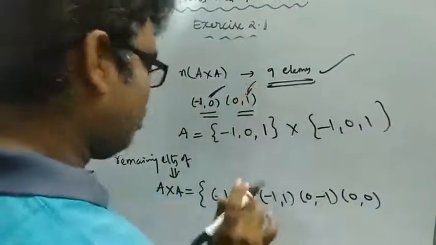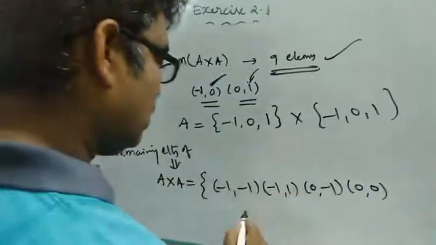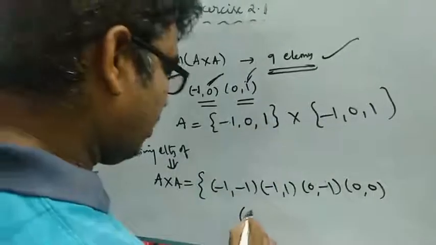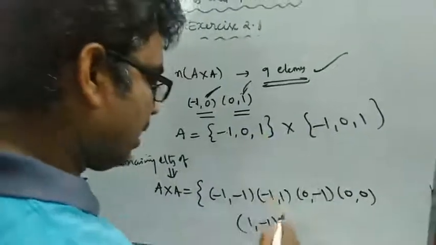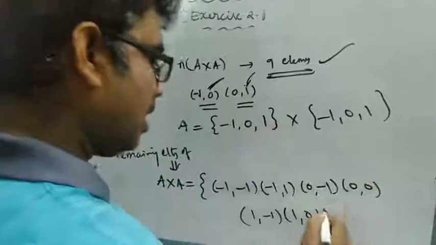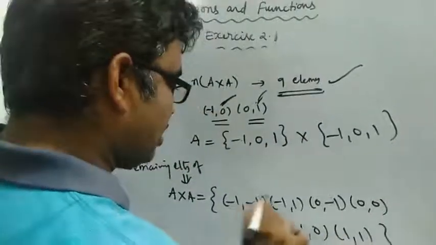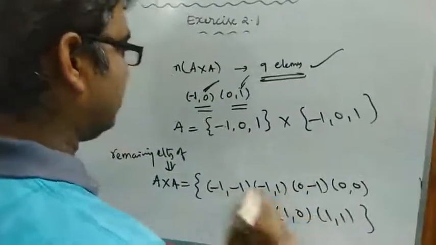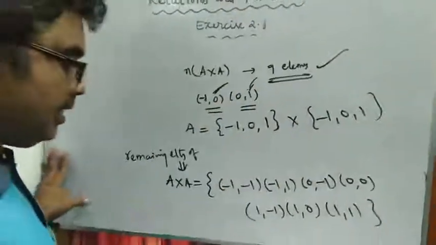I am writing only the remaining elements. In the last case, (1, -1), (1, 0), and lastly (1, 1). So 1, 2, 3, 4, 5, 6, 7, 8, 9. Total elements 9. That is the required solution.